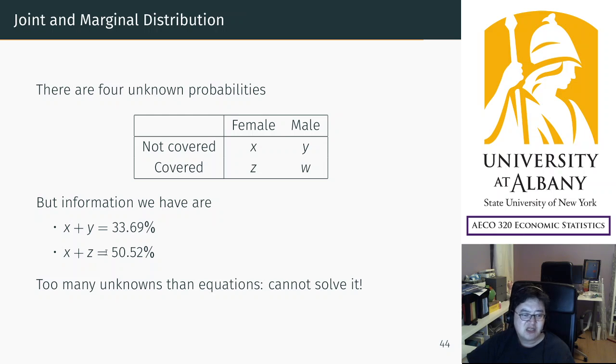Of course, it is equivalent to the male probability or covered probability. So this is the information we have. And in this case, we cannot solve these problems for these four variables. They are not enough. Then what can we do?